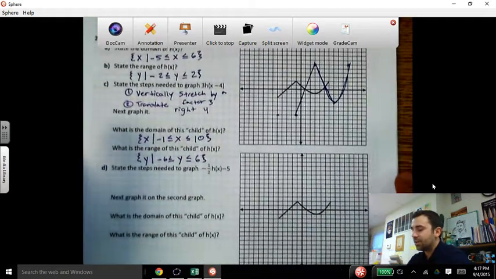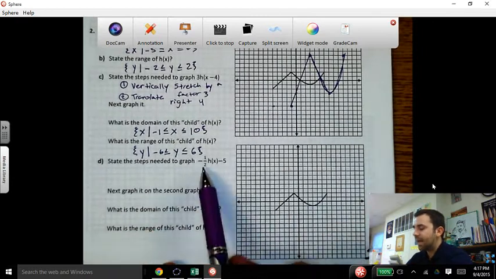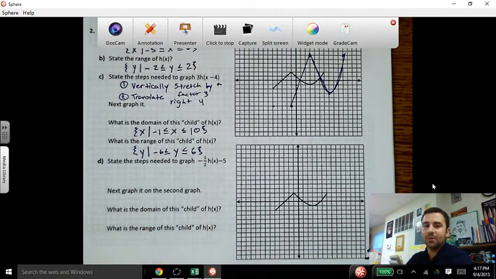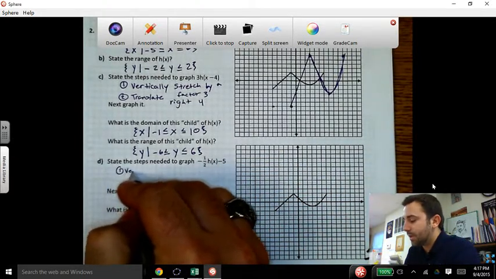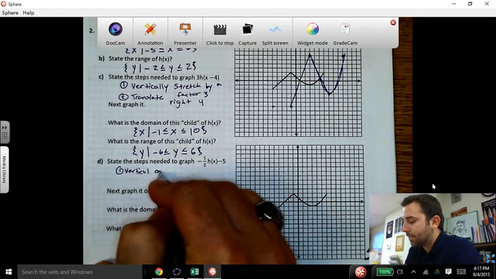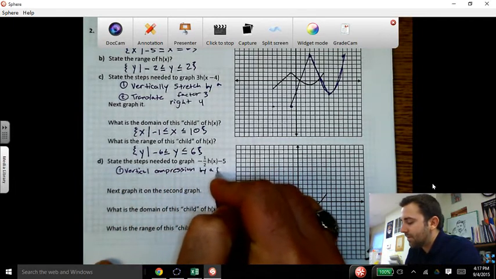So now let's look at this last transformation. This last transformation has a negative 1/2 as an a coefficient, so in this case it's actually a vertical compression by a factor of 1/2.